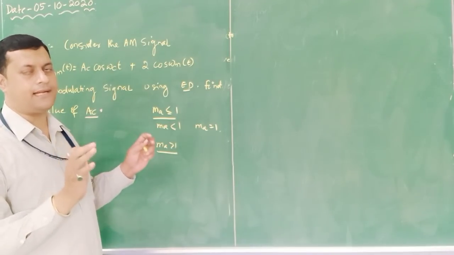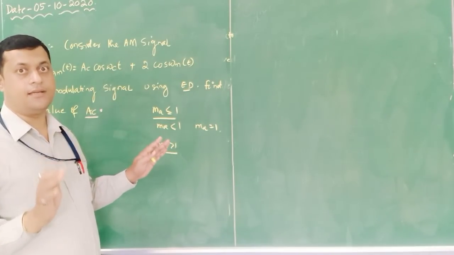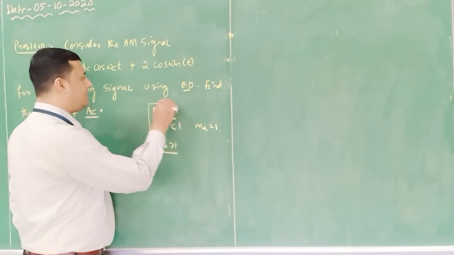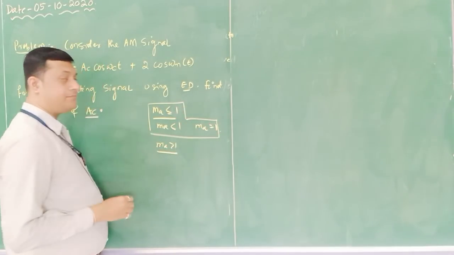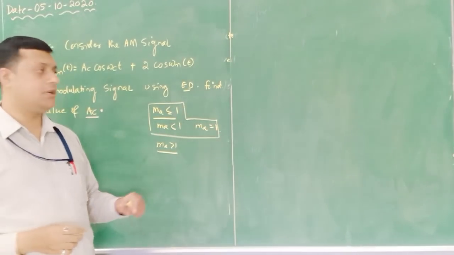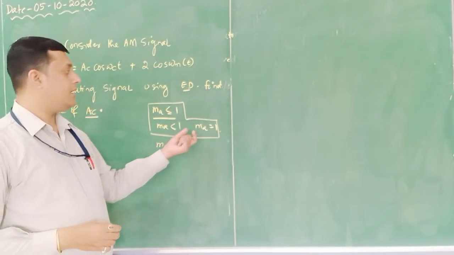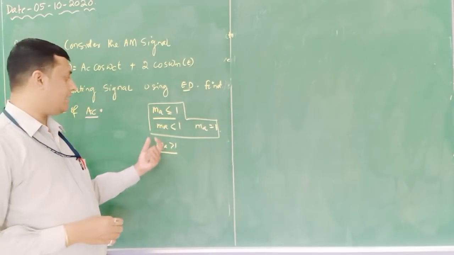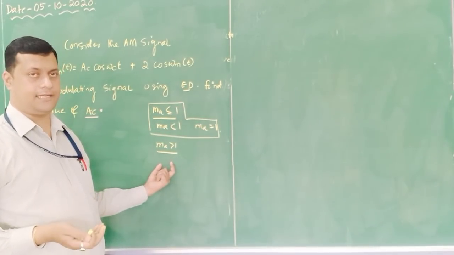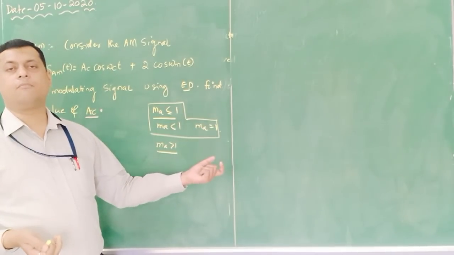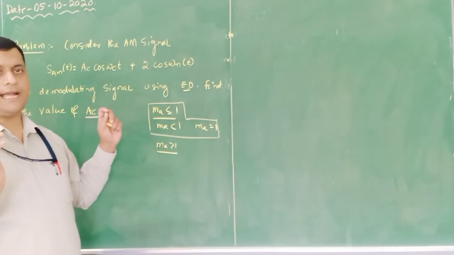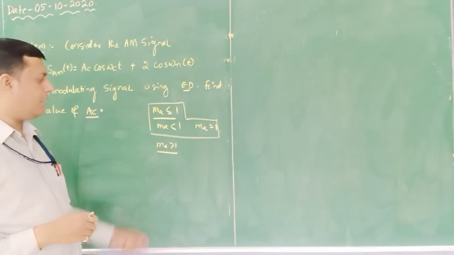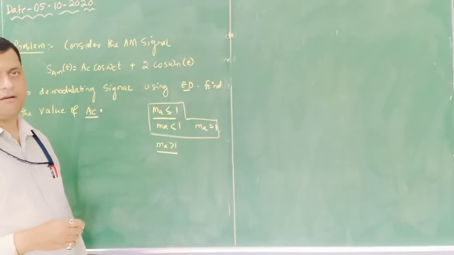It is only the magnitude component, only the envelope we are getting, not the modulating signal. So the envelope detector will work for MA less than 1 and MA equal to 1 to get the modulating signal. But if it is an over modulated signal, we cannot recover the modulating signal. Only the envelope, only the magnitude component, we are going to identify.